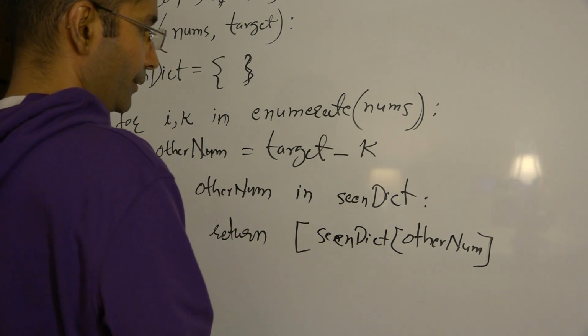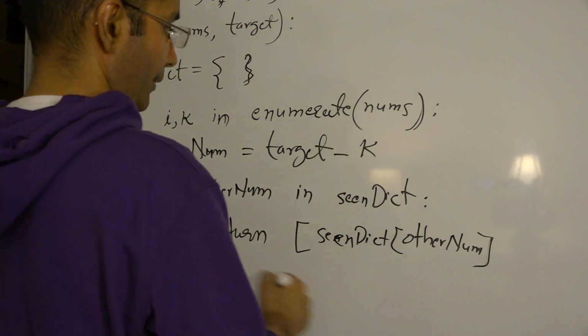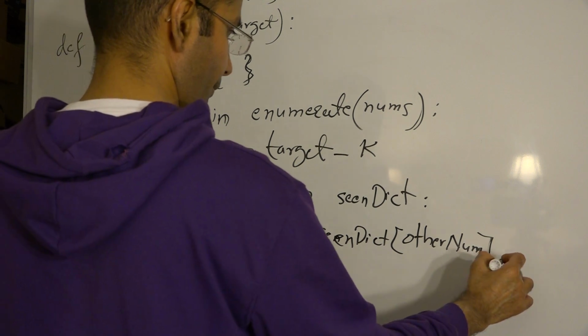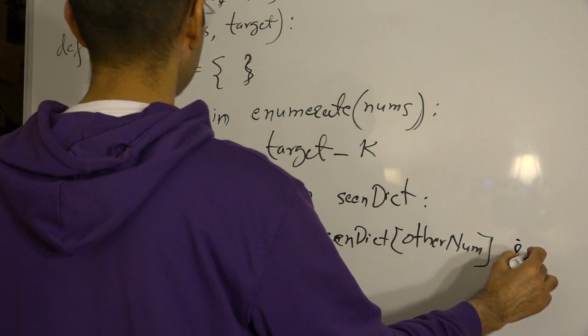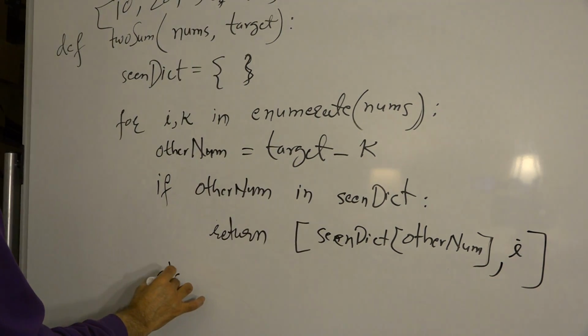Okay, so yeah, and then we have I here, right? That's all we need to return. If that's not the case, what do we do?